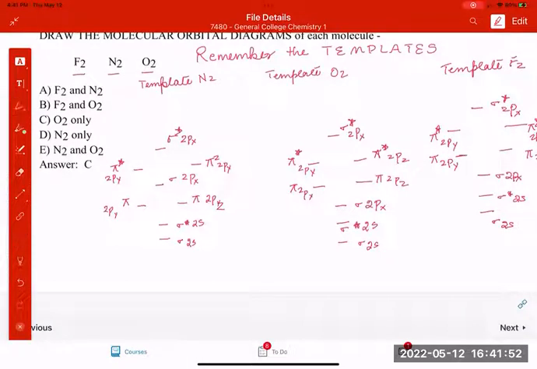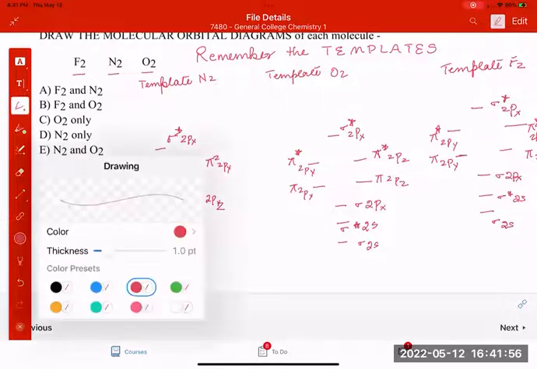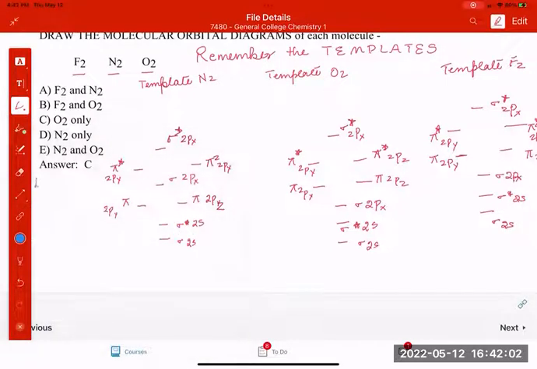Nitrogen. So we are looking to place how many electrons for nitrogen? Just look at the valence electrons. Only look at valence electrons. So nitrogen, how many valence electrons?